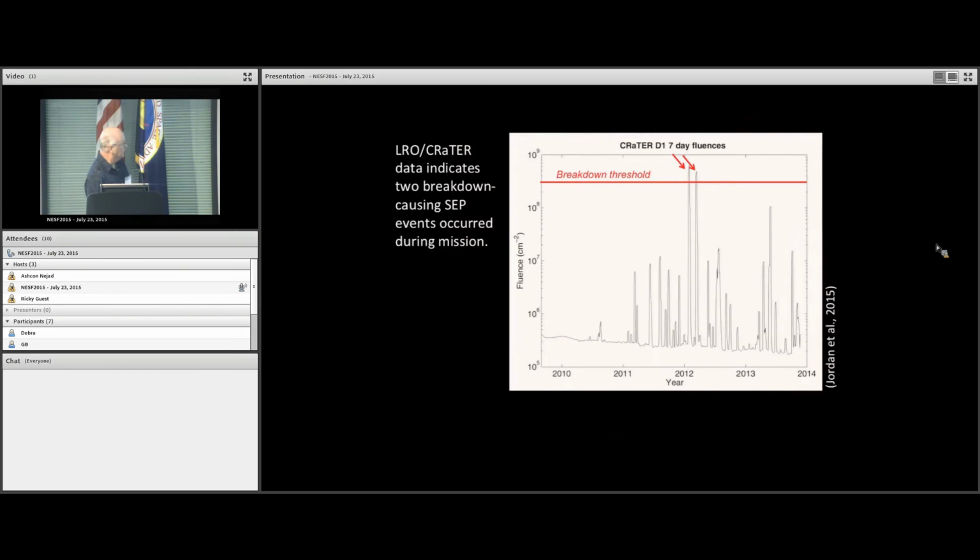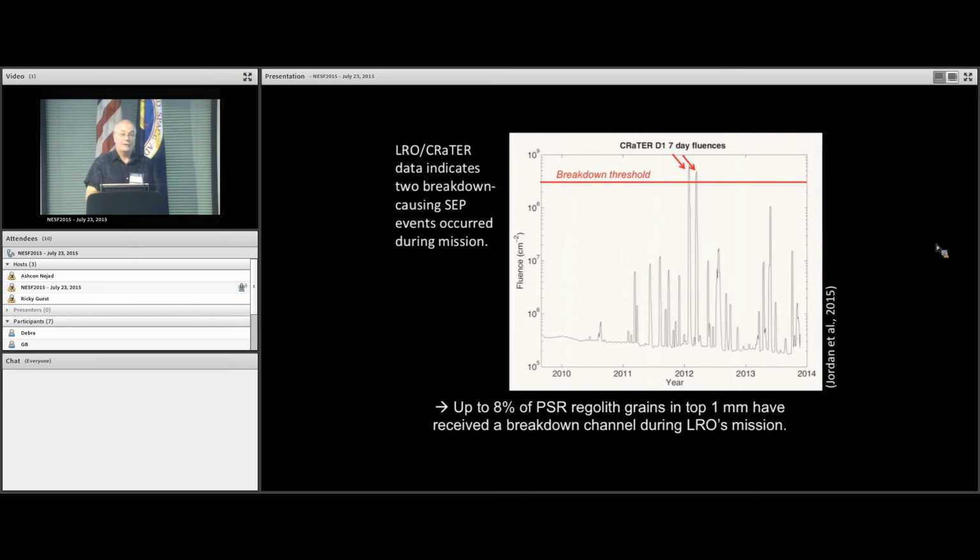This is a figure that shows the lifetime of the LRO mission, and on the vertical axis is the fluence of the particles that would lead to this discharging phenomena. And here's the breakdown threshold. In the lifetime of the mission, we believe there were 2 events during which probably breakdown was occurring in the permanently shadowed regions.